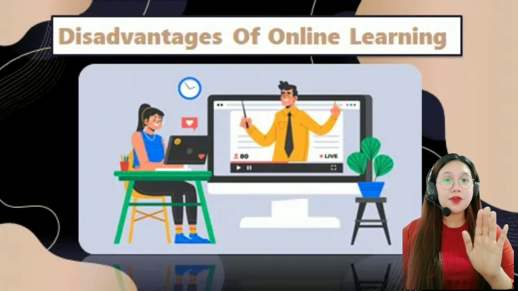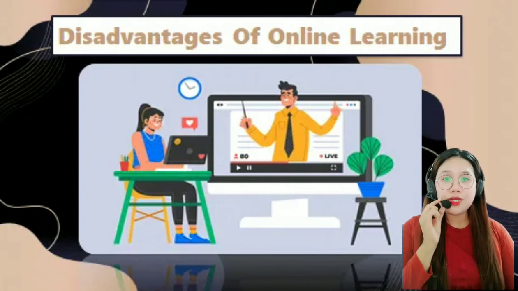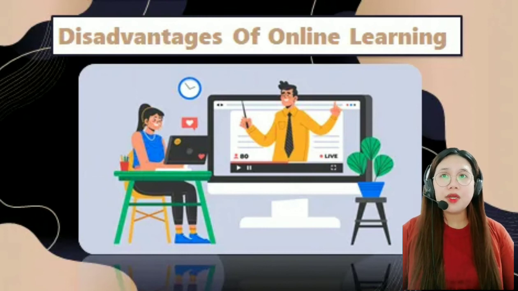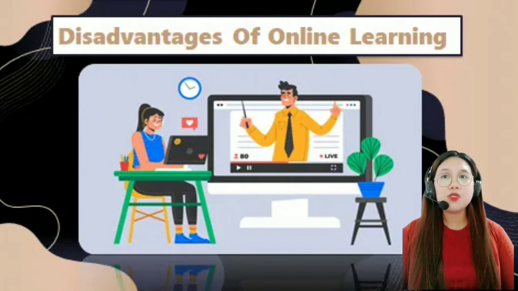So the last, or the fifth disadvantage, is managing screen time. Many parents are concerned about the health hazard of having their children spend so many hours staring at the screen. This is 100% legit. Screen time is one of the biggest concerns and disadvantages of online learning.